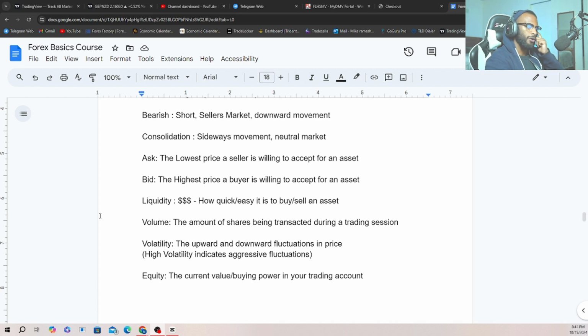Next, when the market is very aggressive and there is a significant amount of volume, you will probably see an aggressive amount of volatility. Volatility just means the up and downward fluctuations in price, but it generally indicates aggressive fluctuations.